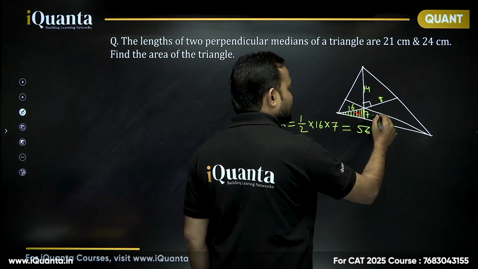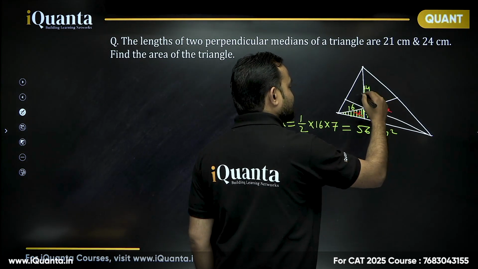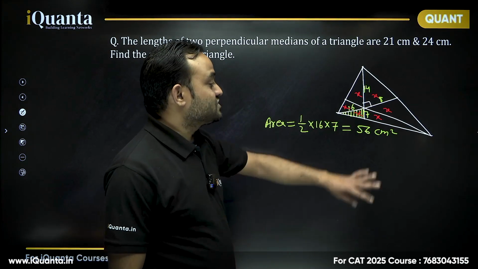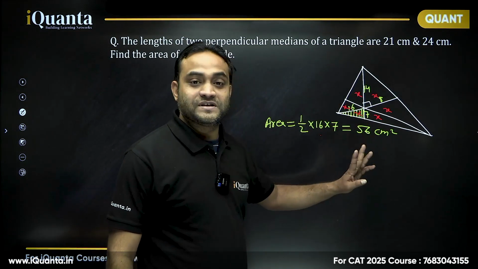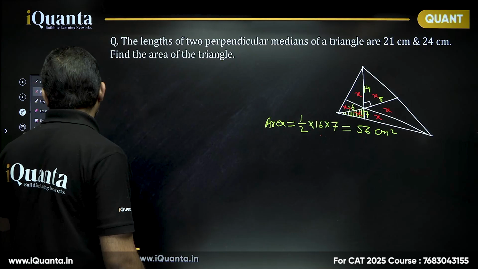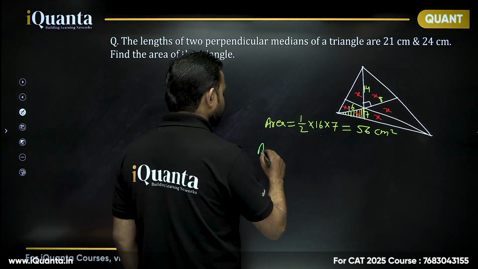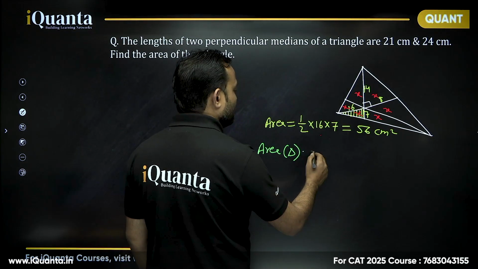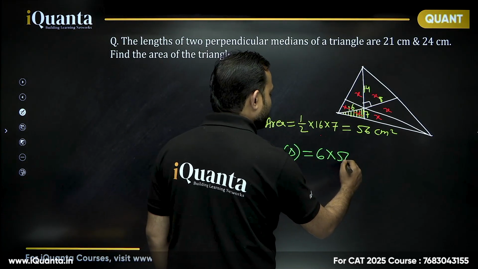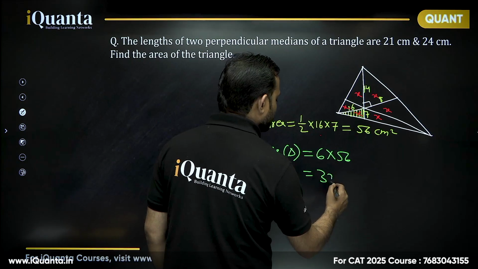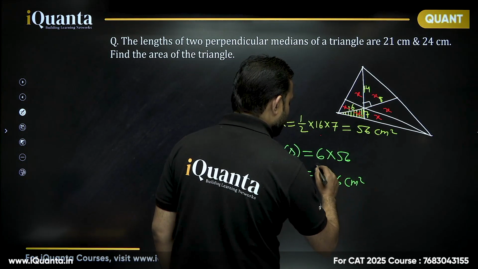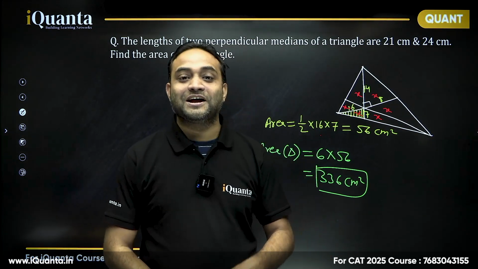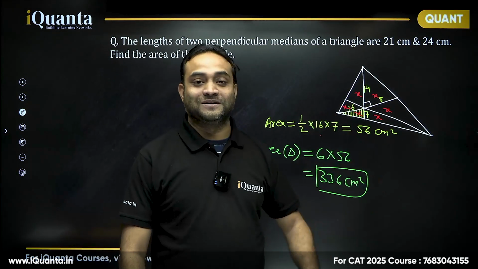That means if this is x, then this is also x, this x, this x, and all are x. So this x is 56 centimeter square. So what will be the area of the triangle? The area of the triangle will be equal to 6 into 56, which is equal to 336 centimeter square. Amazing question, and amazing use of the concept.